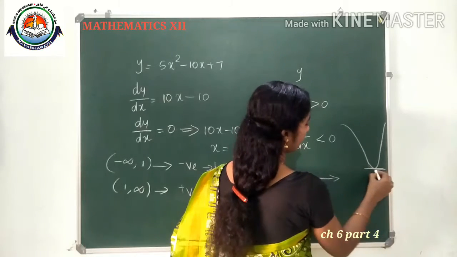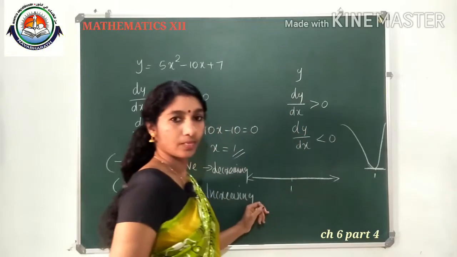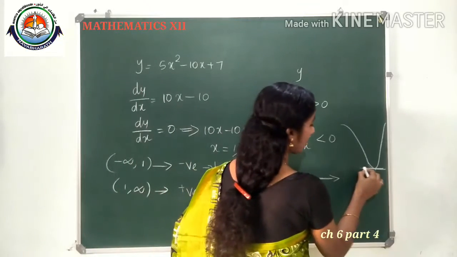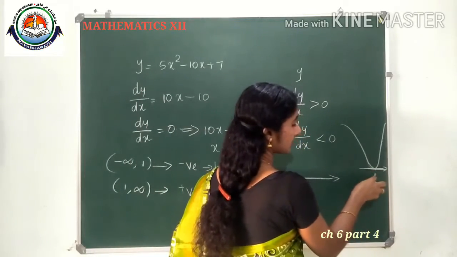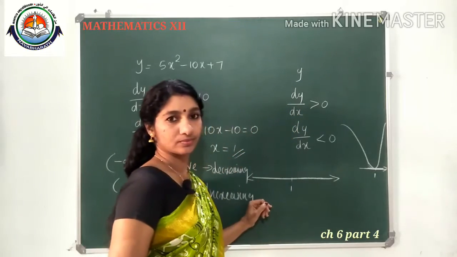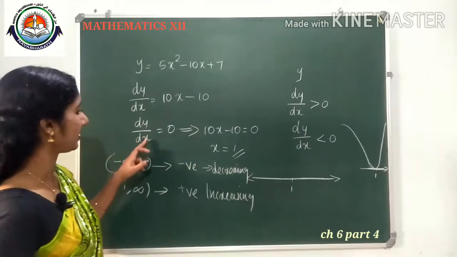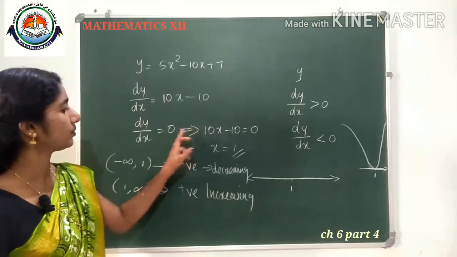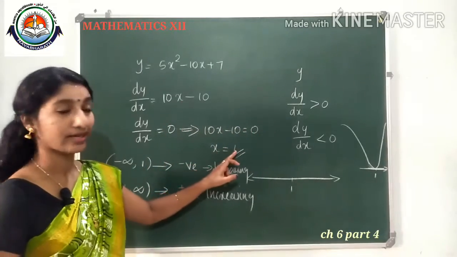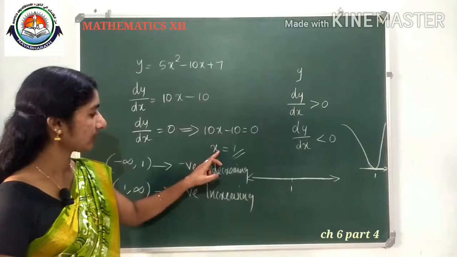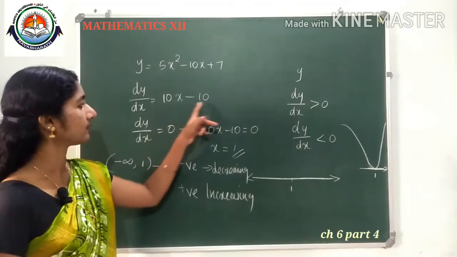At x equal to 1, the slope of the tangent is equal to 0. That is why we put f dash, dy by dx, equal to 0 and got x equal to 1. When you give x equal to 1 in dy by dx, you get the value 0.